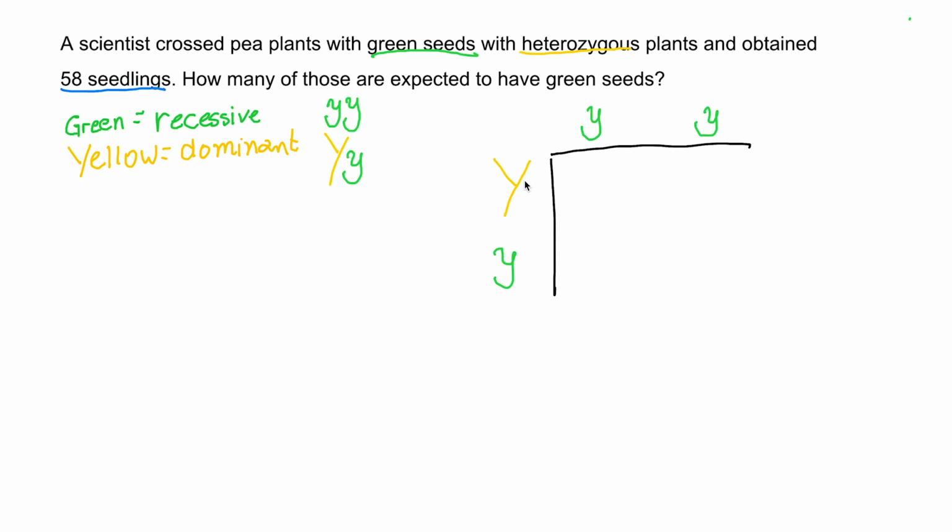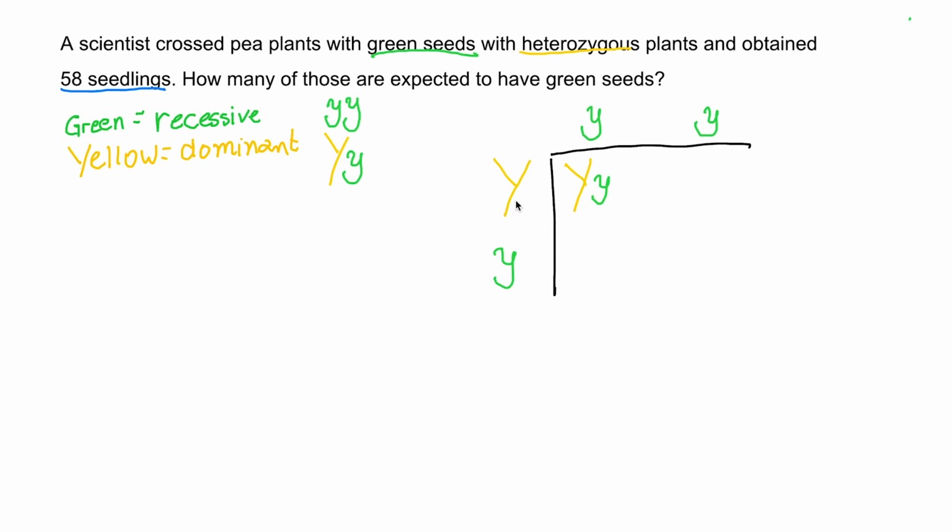There you go. So what you do is you take one allele from one parent and combine it with one allele of the other parent. So I'll have the big Y from this parent and the small y from this parent here. Right, so that's one possibility.